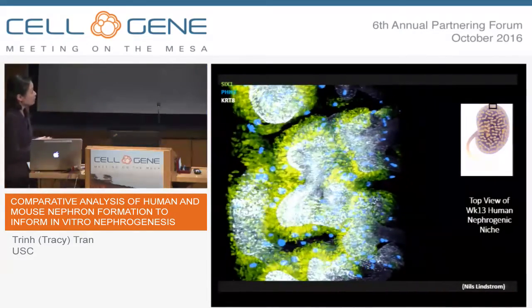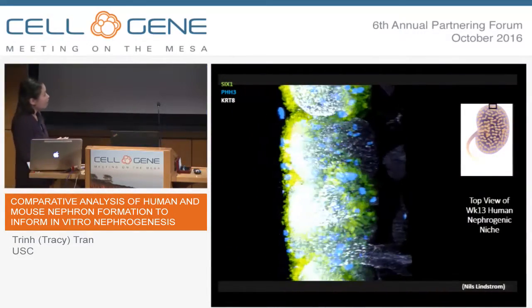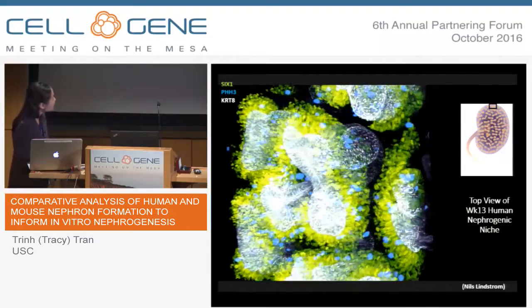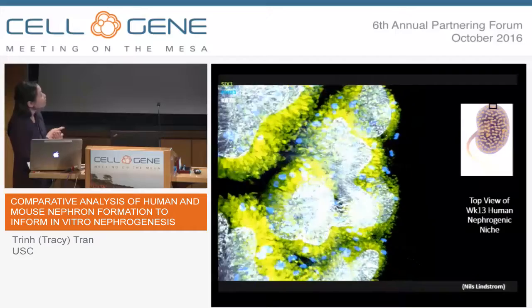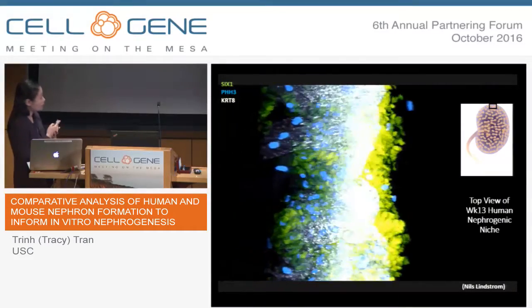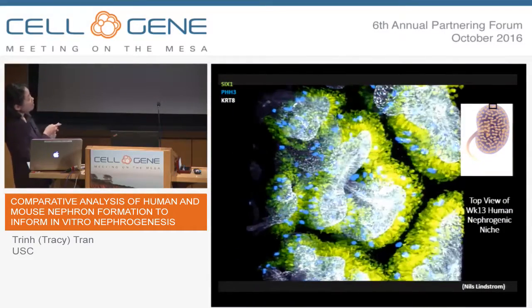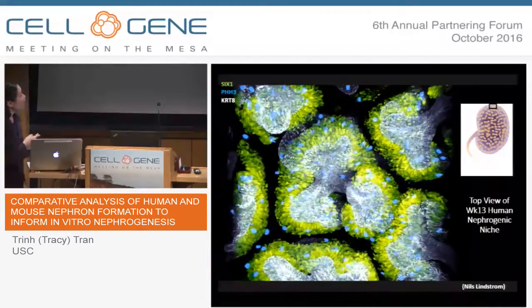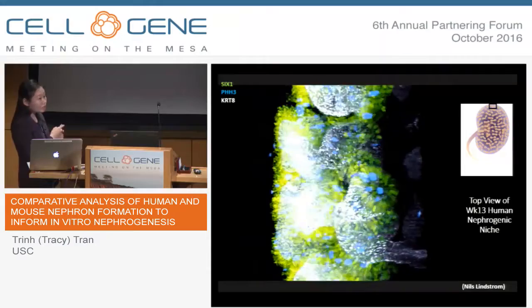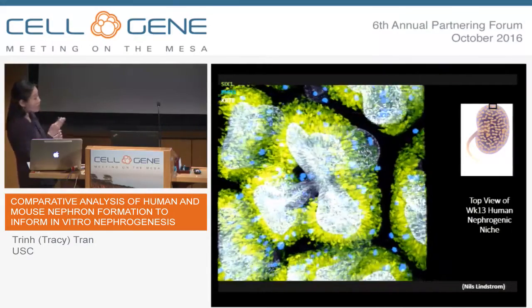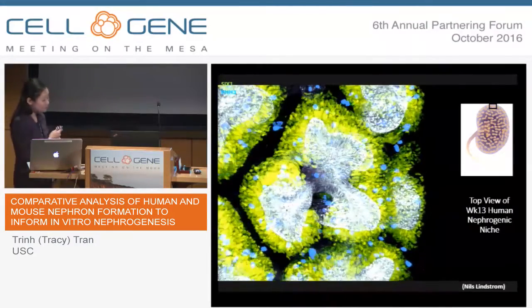I'm showing you here the top view of a week 13 human nephrogenic niche that you can see very clearly here. Nephrogenic cells are forming a really tight structure around the ureteric epithelium. From these 3D images, we were able to do a lot of quantification to study the dynamics of human kidney development.